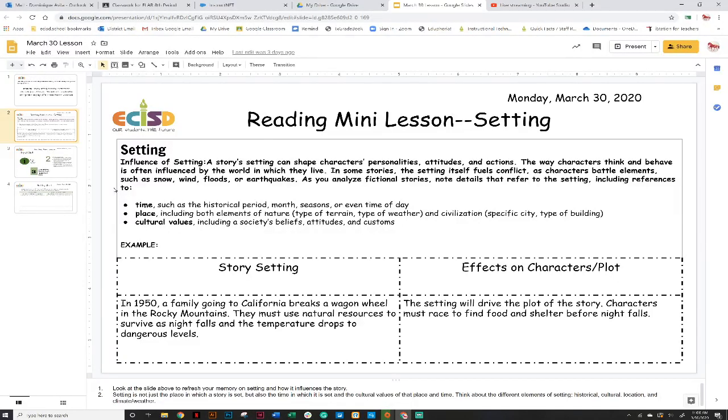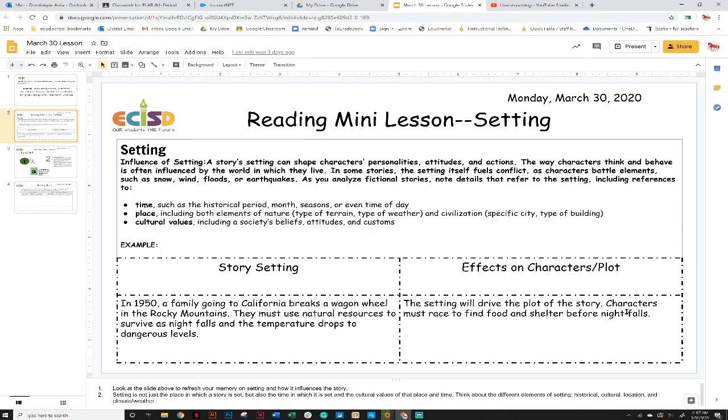Are they in the middle of nowhere? And cultural values. So is the story about a group of farmers and their culture, like farming culture, or are the characters Hispanic and so their culture affects them, or is the story about African Americans and their culture? So the cultural values are how people behave, how they believe, and their attitudes towards anything.